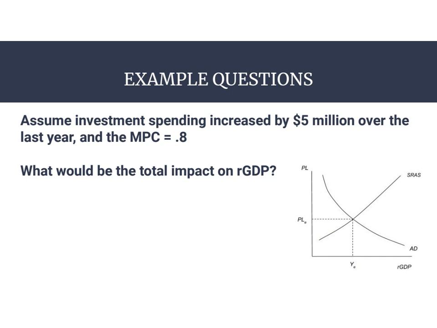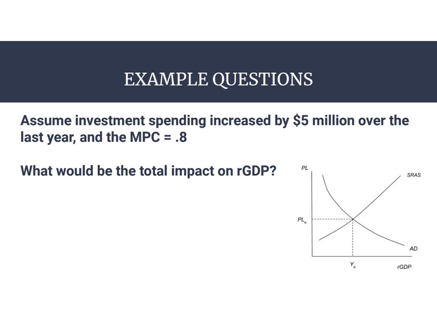So let's do an example question. Here we have an economy, and we're assuming that investment spending increased by $5 million over the last year, and the MPC is 0.8. The question is, what would be the total impact on real GDP? The way we're going to figure this out is we have to first find out what the spending multiplier is.